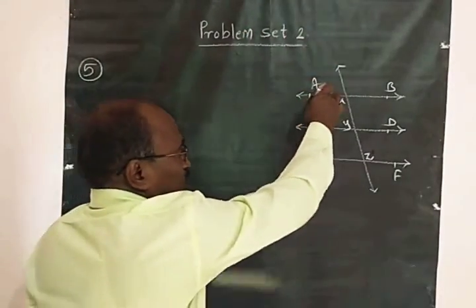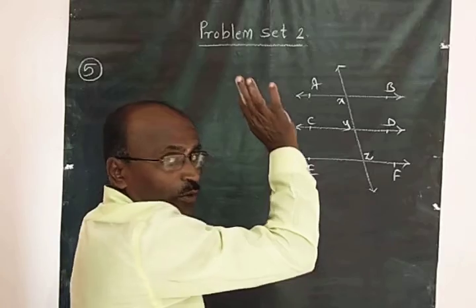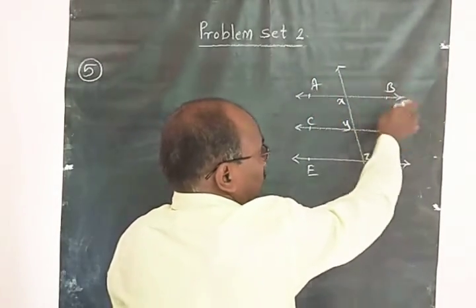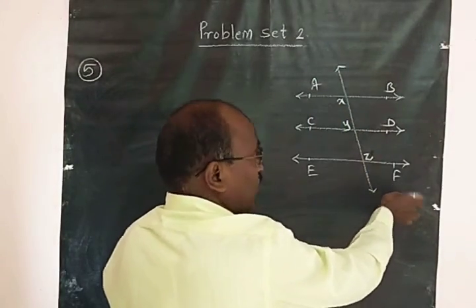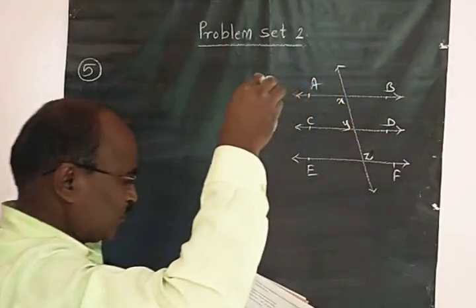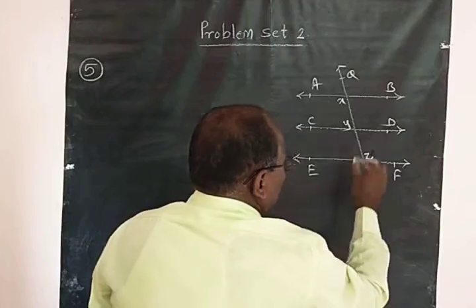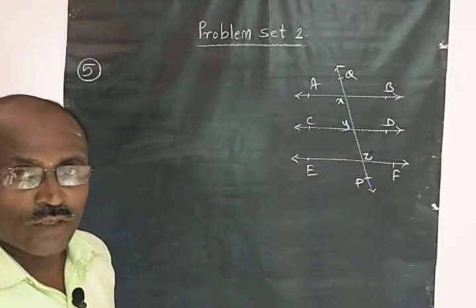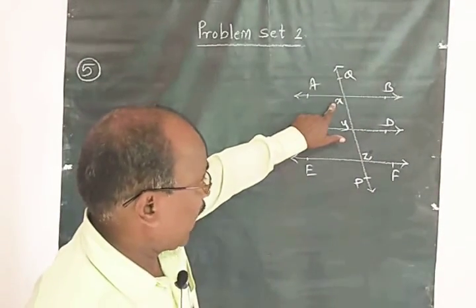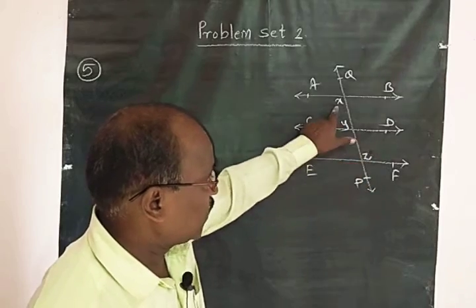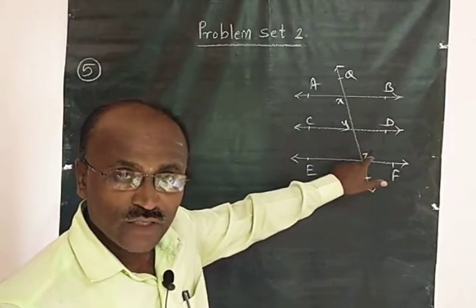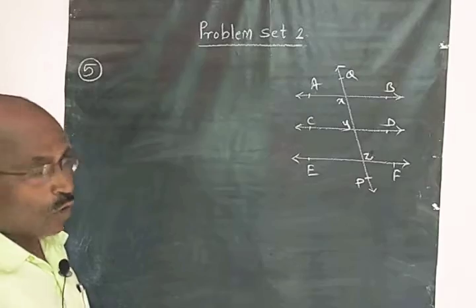First of all, see here, line AB is parallel to line EF, and line PQ is the transversal. Here angle X and angle Z are alternate angles. Therefore these two alternate angles are congruent.